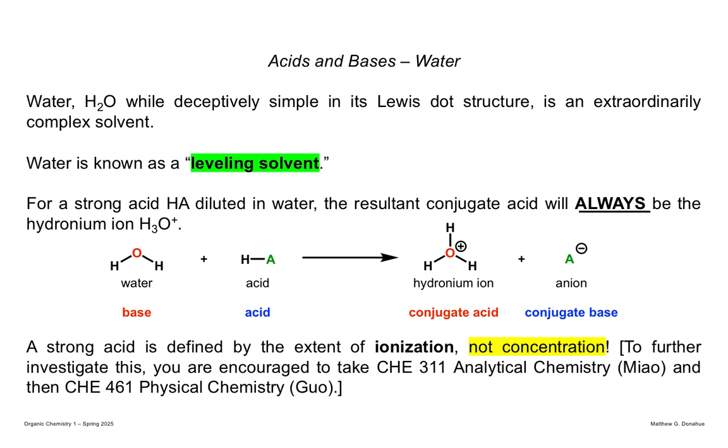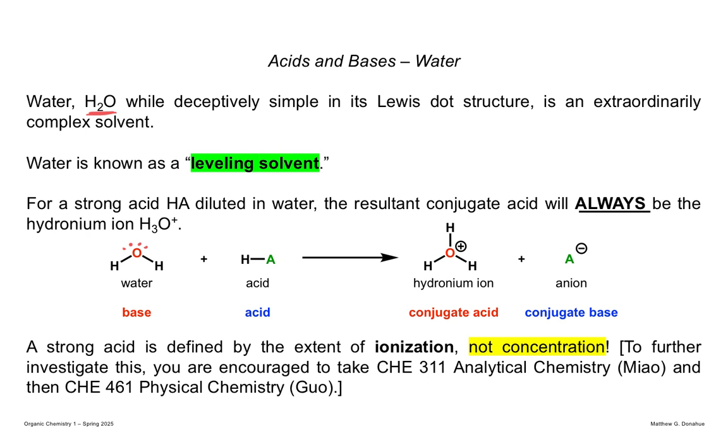So that was an example with HCl. Let's generalize it a little bit, and we'll call the acid HA. So we've seen the Lewis dot structure of water here. Water is what's known as a leveling solvent. So that's a pretty special property of it.